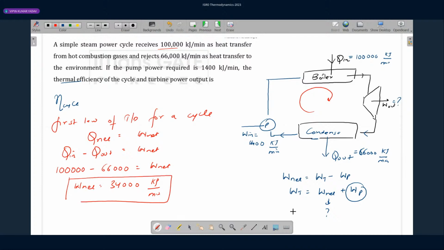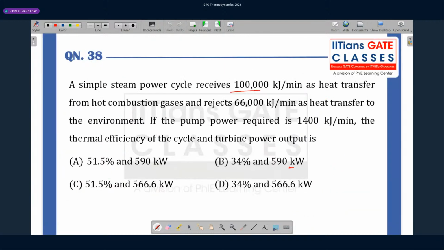So you can substitute here: turbine work is equal to 34,000 plus 1400, and it is equal to 35,400 kilojoule per minute. Got it? So turbine work output we have found out: 35,400 kilojoule per minute. Now they have asked in kilowatt, that is, per second.